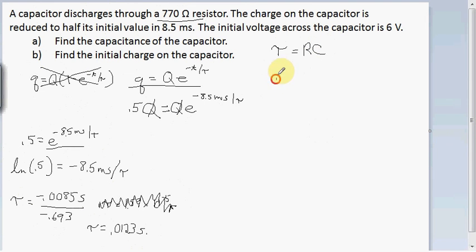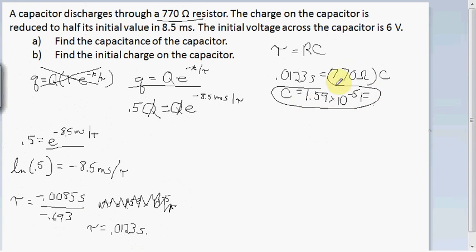So I can go 0.0123 seconds is equal to 770 ohms times C, and C is equal to 1.59 times 10 to the minus fifth farads. So that's the capacitance of our circuit, and that's what we wanted to find in part A.